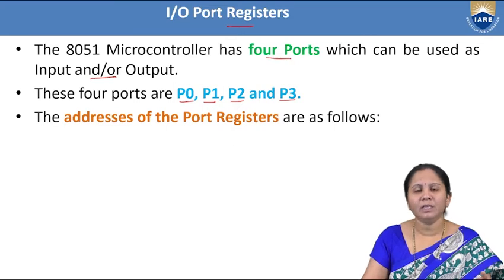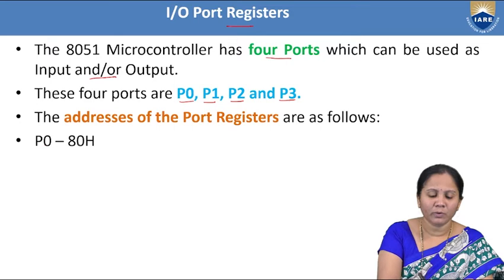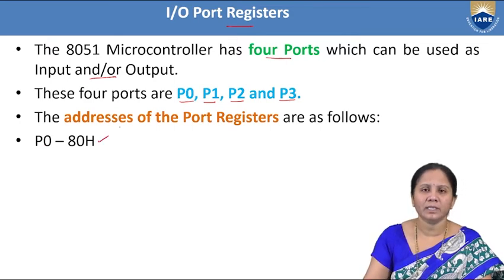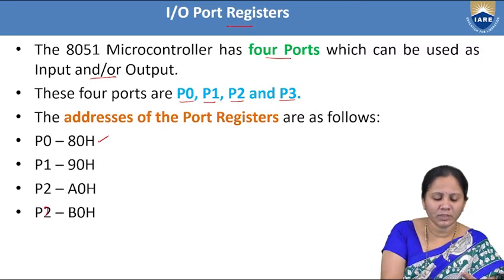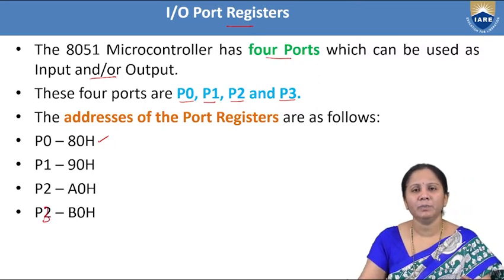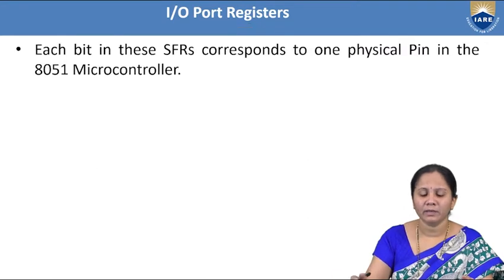All these ports have fixed addresses in the SFR address space. The fixed addresses are: for port 0, 80H, for port 1, 90H, for port 2, A0H, and for port 3, B0H.